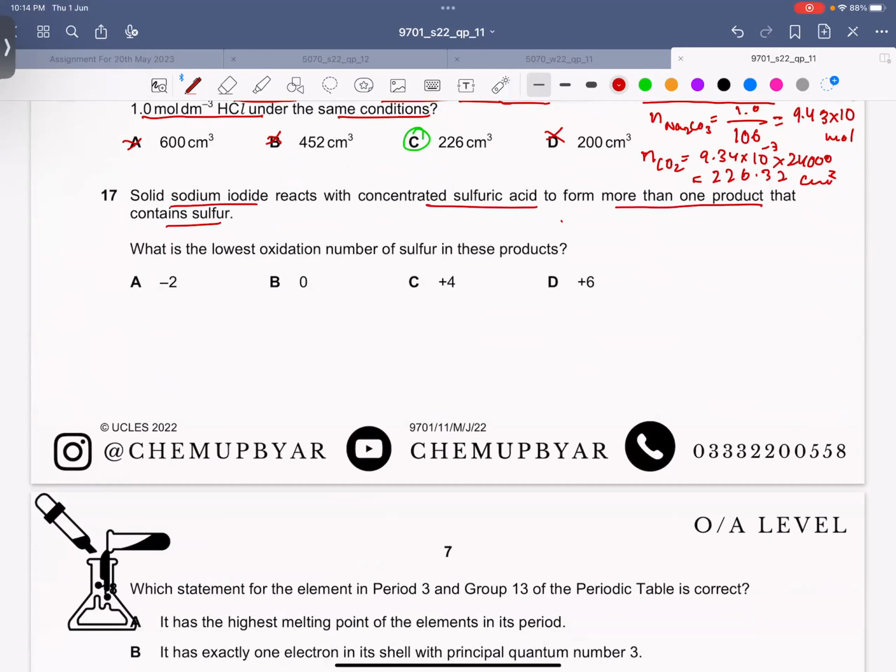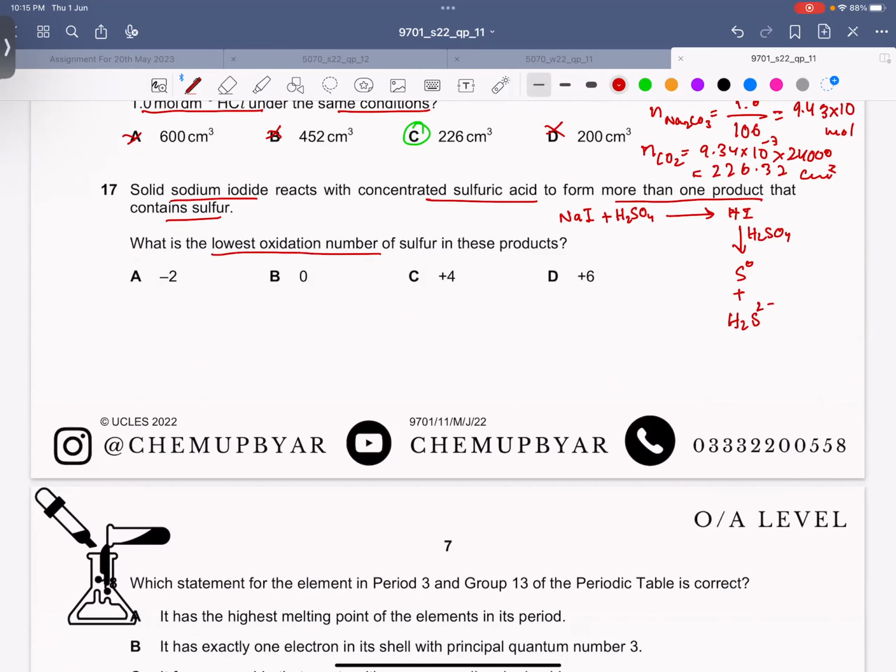If you recall this reaction, when sodium iodide reacts with sulfuric acid, we will get HI, and that HI on further reaction with sulfuric acid can form sulfur or H2S. In sulfur, the oxidation state of sulfur is 0, and in H2S, the oxidation state of sulfur is -2.